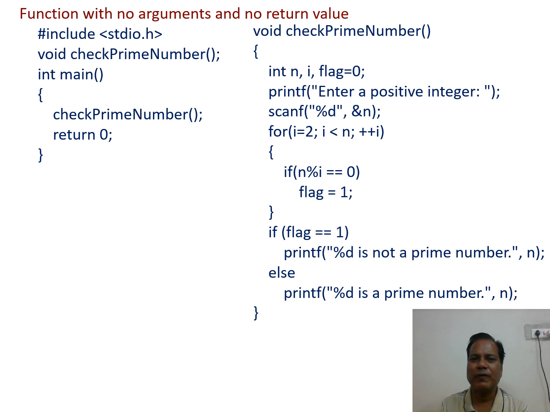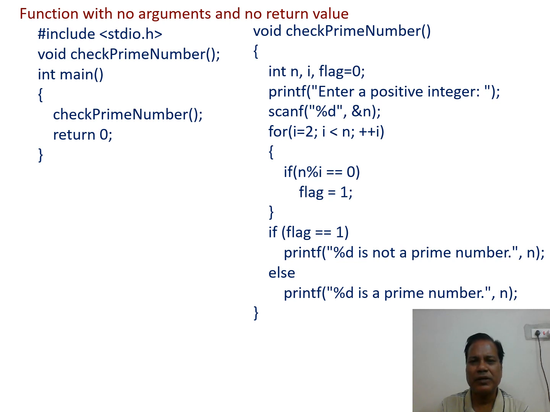Inside the body of the for loop, if n modulo i double equal 0, that is, if a number divided by any value between 1 and itself comes out to be 0, then flag is set to 1.